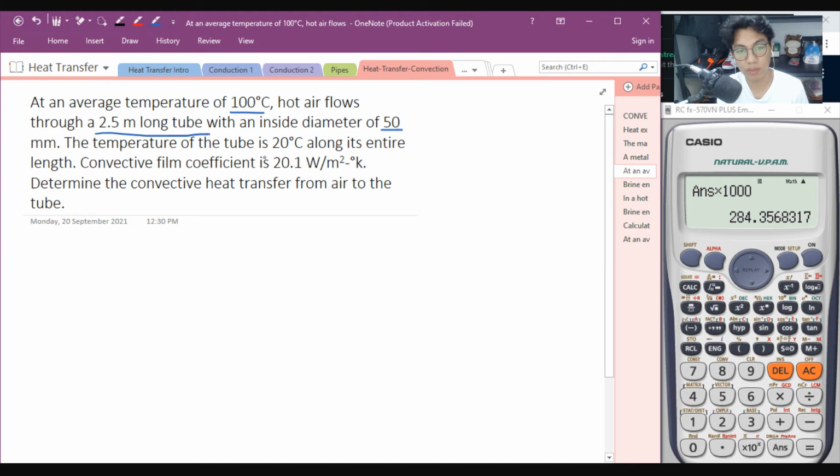The temperature of the tube is 20 degrees Celsius along its entire length. Convective heat film coefficient is 20.1 watt per meter degree Kelvin. Determine the convective heat transfer from air to the tube. So let us go with the problem.